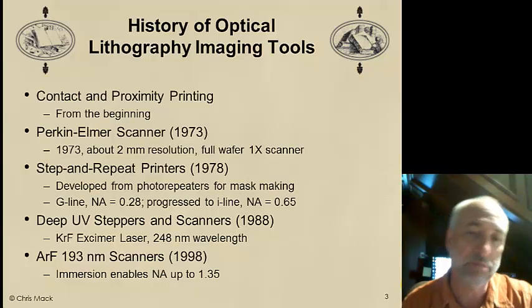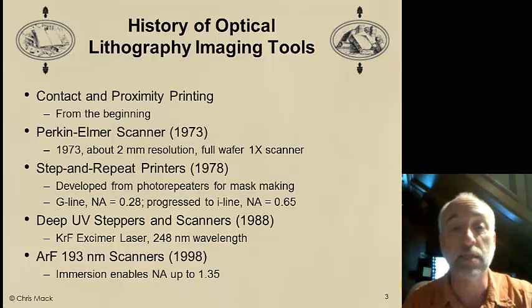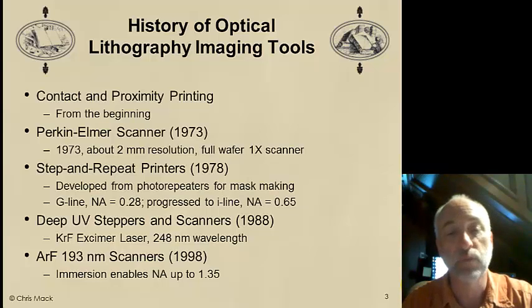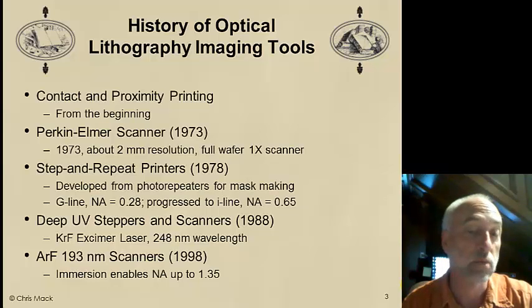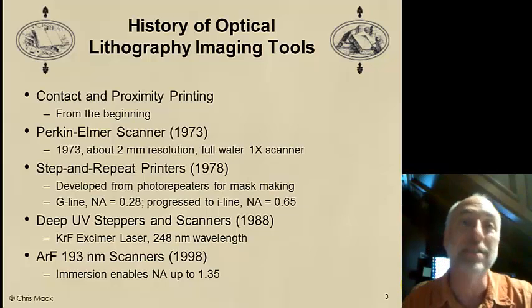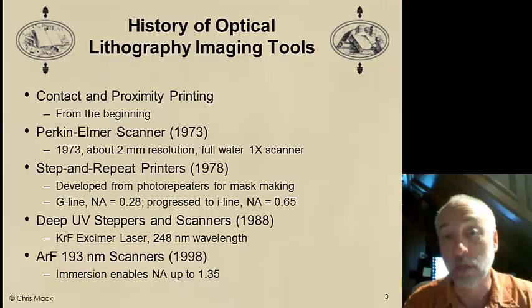So we lowered it in the early 80s to an I-line wavelength, but by 1988 we introduced the first deep UV stepper with a wavelength of 248 nanometers, and by 1998 we were at wavelengths of 193 nanometers. Seeing this progression, 1978, 1988, 1998, you might ask what happened in 2008. Well, something did happen. It's called immersion lithography, but we're going to save that topic to a much later lecture towards the end of our section on lithography.